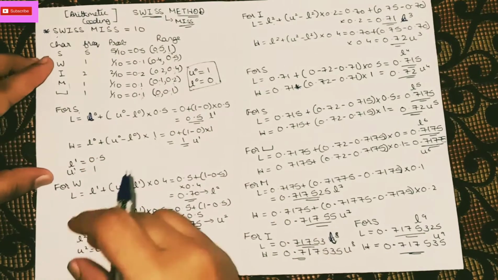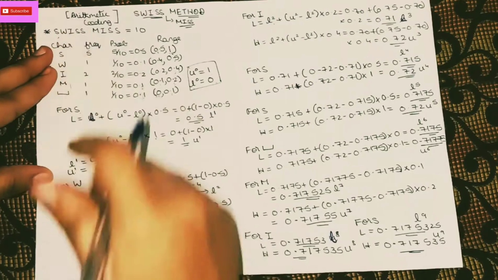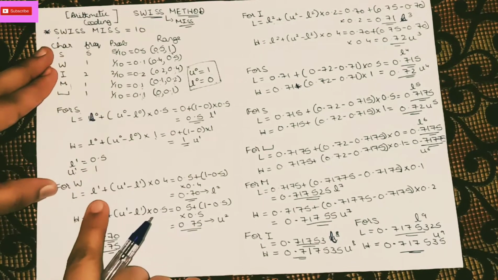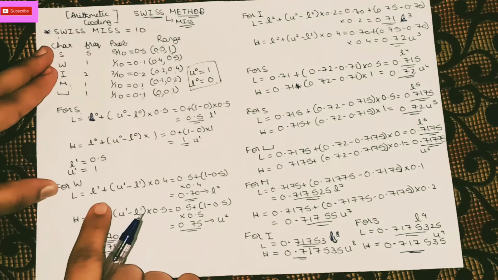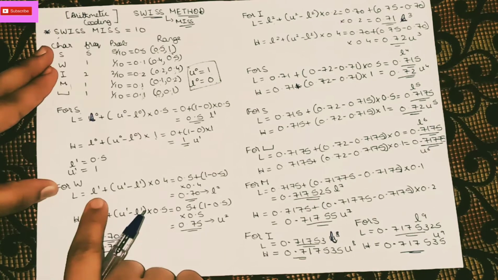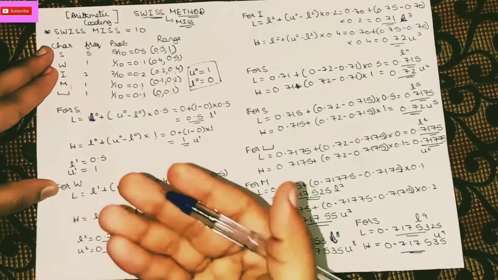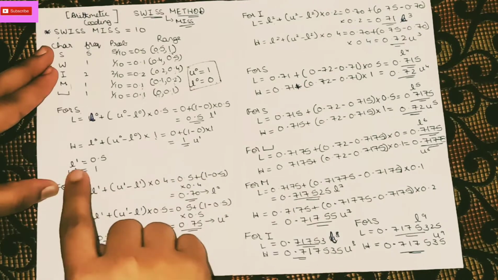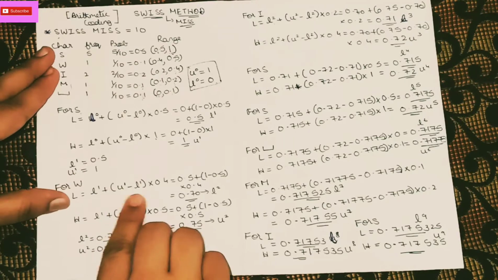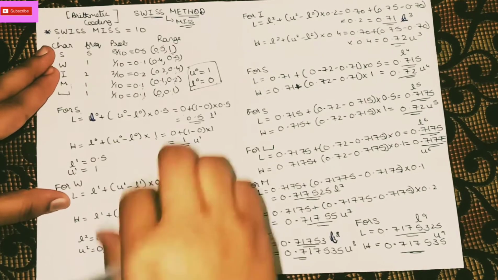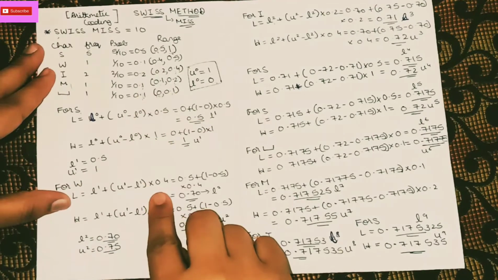Now we will encode W. For W, according to the formula, L raised to n minus 1, we are finding the second value. So L1 plus U1 minus L1, into the lower range of W, which is 0.4.